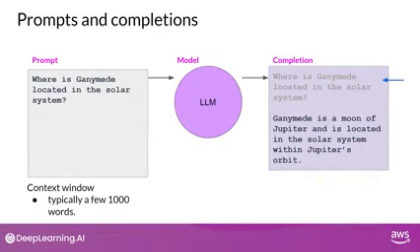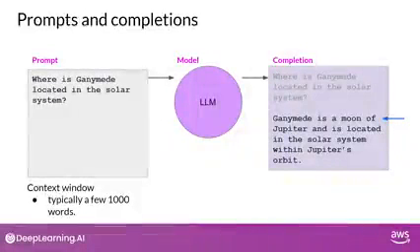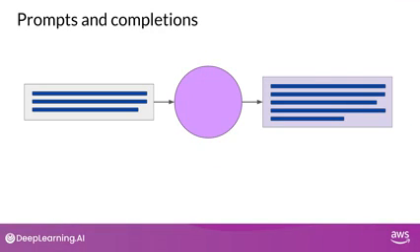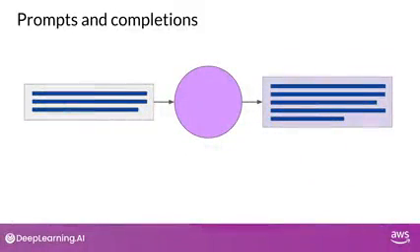The completion is comprised of the text contained in the original prompt, followed by the generated text. You can see that this model did a good job of answering your question. It correctly identifies that Ganymede is a moon of Jupiter and generates a reasonable answer to your question, stating that the moon is located within Jupiter's orbit. You'll see lots of examples of prompts and completions in this style throughout the course.